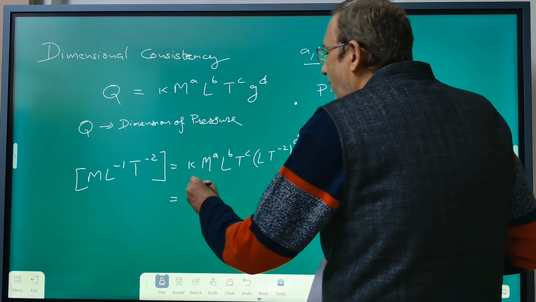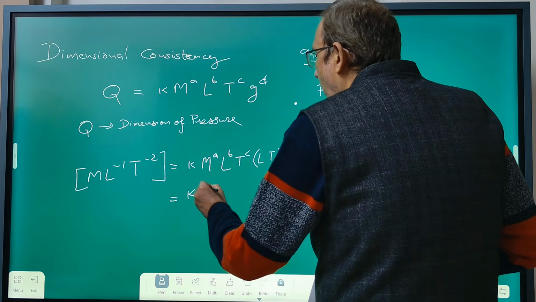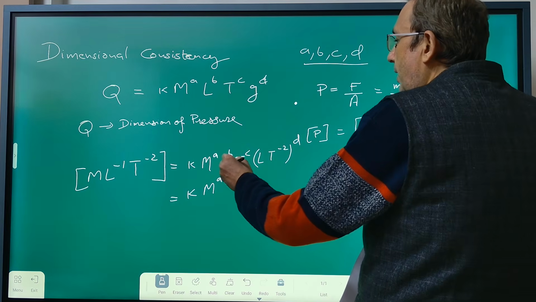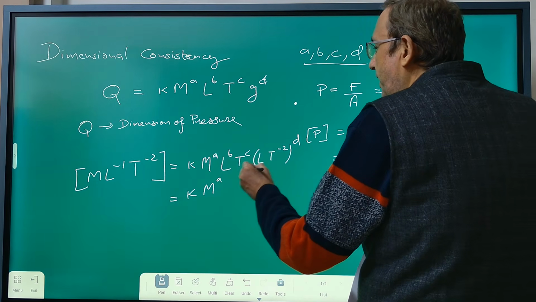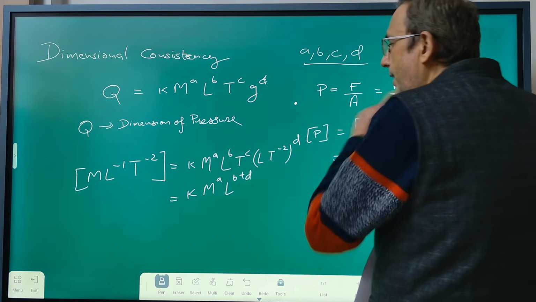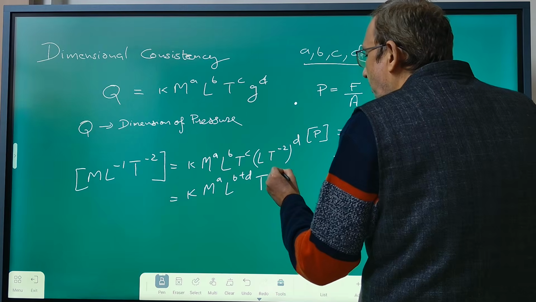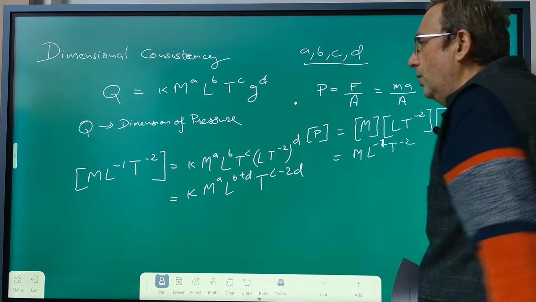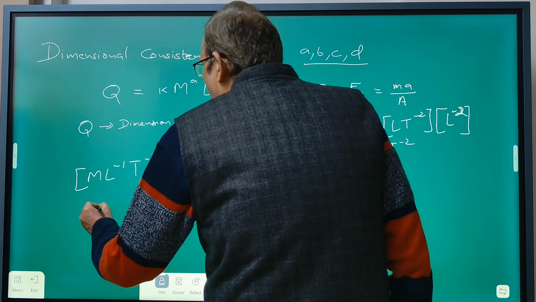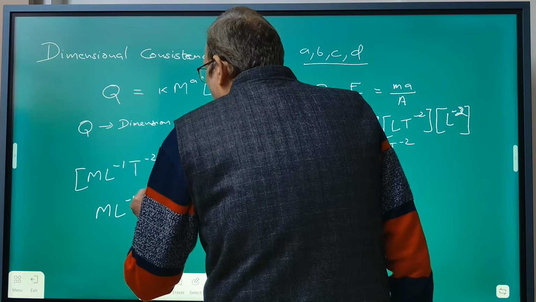So we combine the powers. There is just one M, so it is M raised to power a. Then L is raised to power b plus d, and then you have T raised to power c minus 2d. This has to be equated with M L raised to power minus 1, T raised to power minus 2.